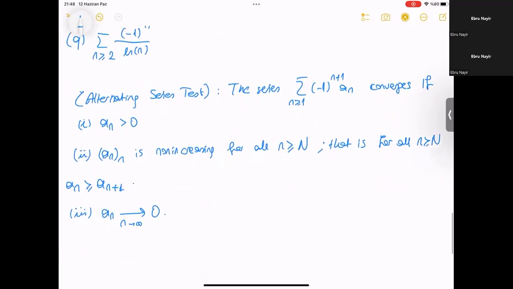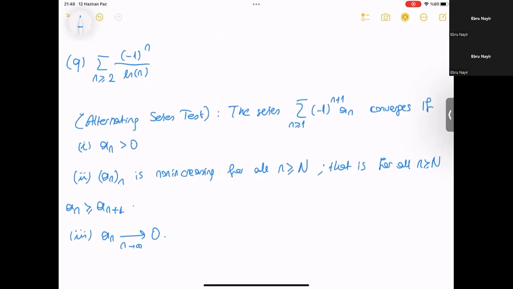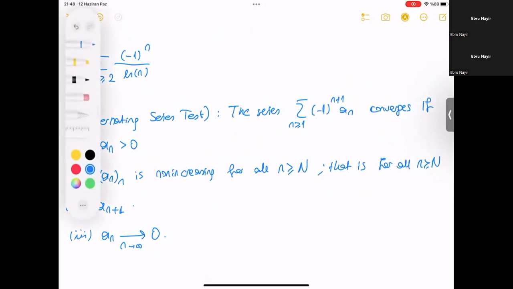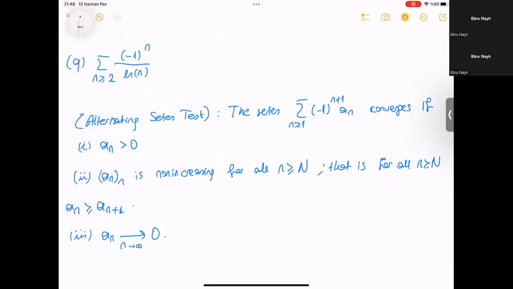So let's check. First of all, here a sub n is 1 over ln of n. When n is greater than 1, it's positive. They are all positive, so this is checked. And the logarithmic function is increasing, so 1 over ln of n is non-increasing, as ln of n is increasing.